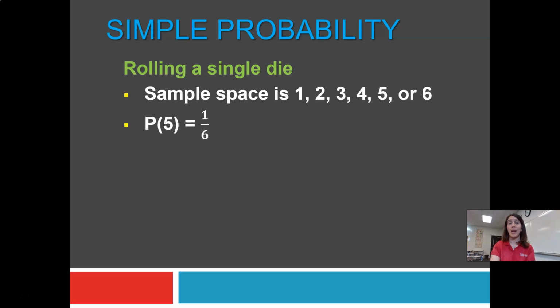So my fraction is 1 out of 6. What if I wanted the probability of greater than 4? Well, what numbers are greater than 4? 5 and 6. There's 2 options that are bigger, so the favorable outcomes are 2 out of the total of 6. 2 over 6 does reduce this time, and our final answer will be 1 over 3.